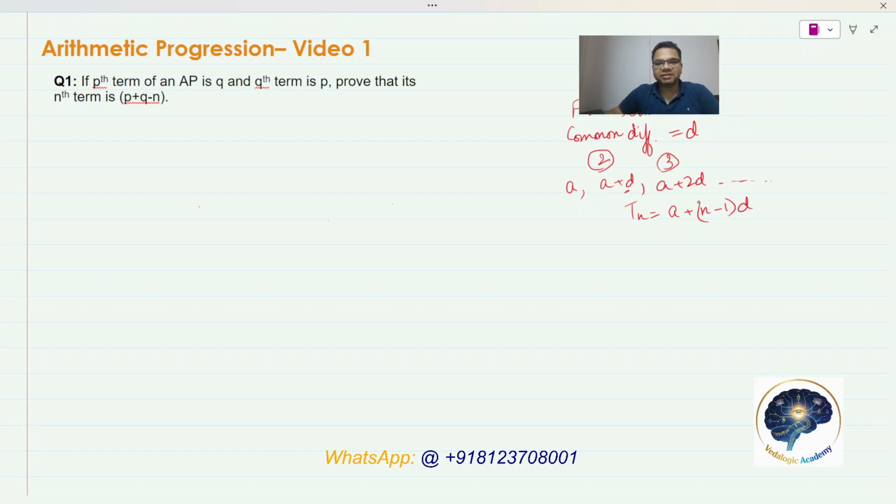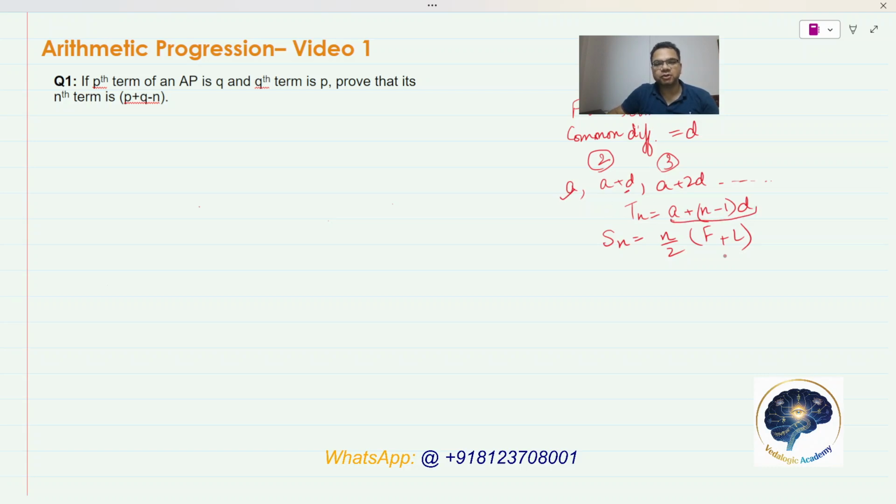Okay, so hope this is clear. And the sum of n terms is n by 2 into (first plus last term). So either you can put first and last term if you already know them, or if you don't, you can use this formula: A is the first term and A plus (n minus 1) into D is the last term.